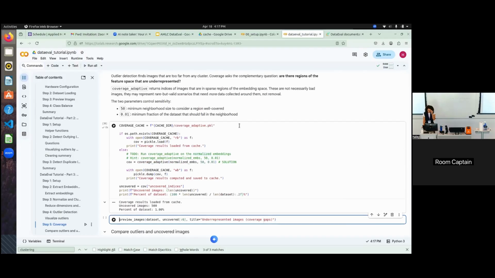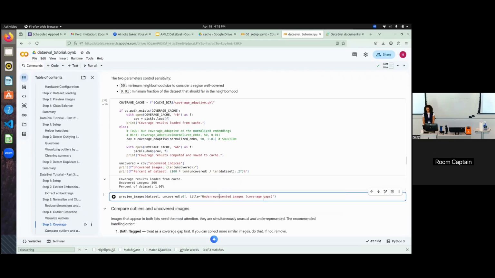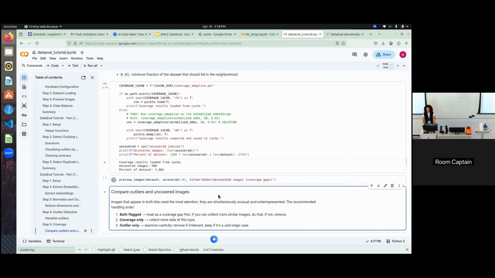And so you can run that, and there are essentially 500 images that it detected as uncovered. You can preview those.